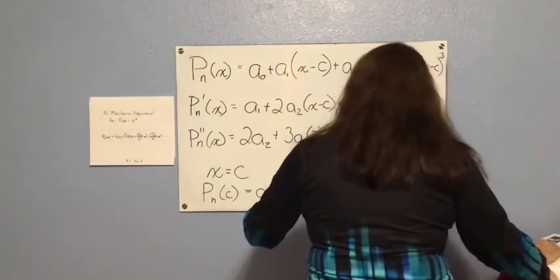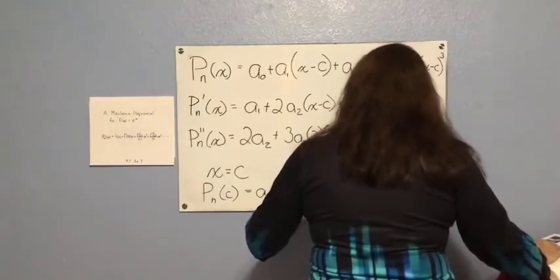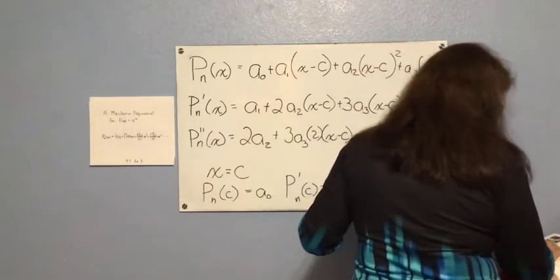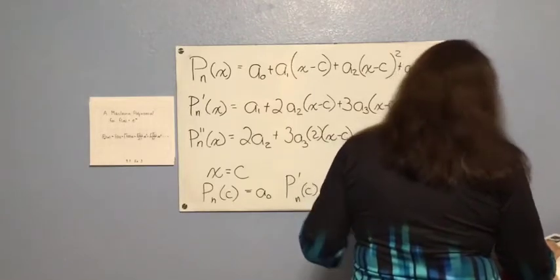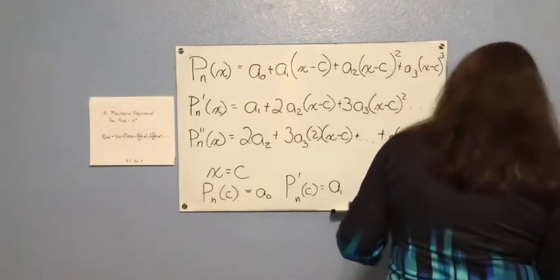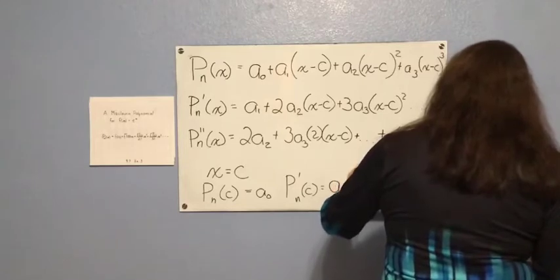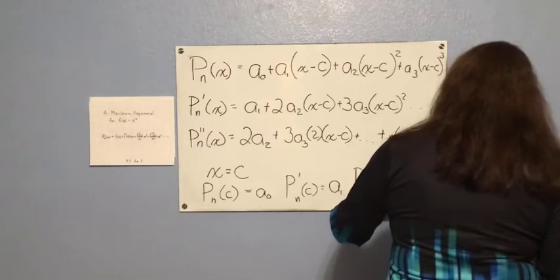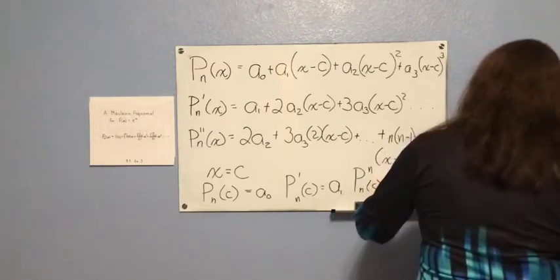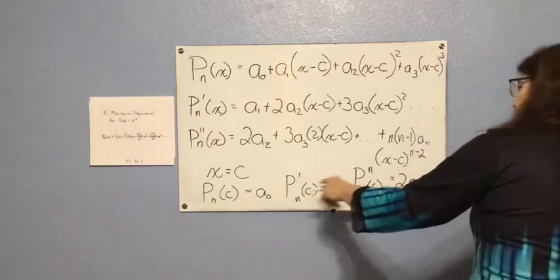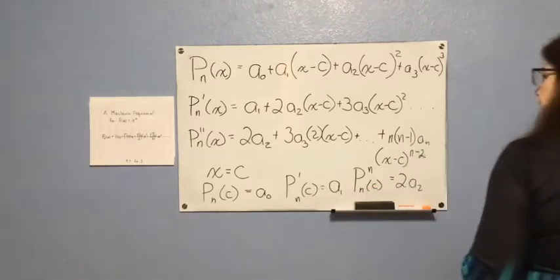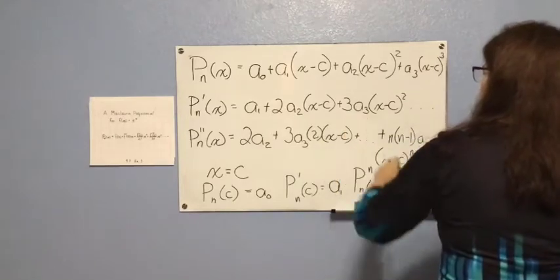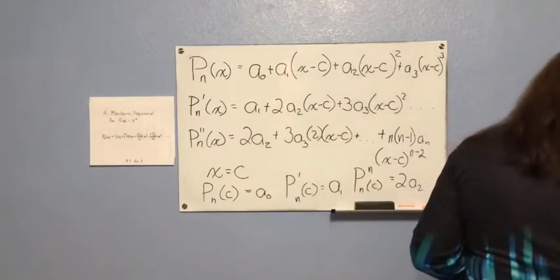P prime sub n of c is going to equal a sub 1. And the second derivative of p sub n of c will equal 2a2, and we're just going to continue on in this pattern: a1, 2a2, 3a3, and so on.